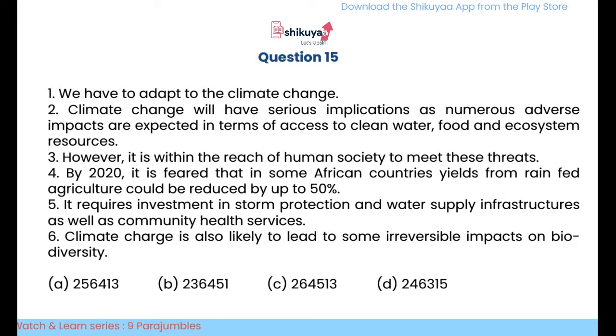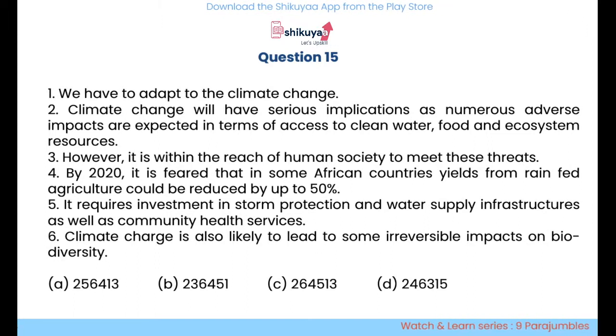I hope you people are following the tips and tricks that will make it easy for you to come up with the right conclusion, with the right answer choice. Go with the options again. Opening sentence, sentence 2. Climate change will have serious implications as numerous adverse impacts are expected in terms of access to clean water, food and ecosystem resources. Okay, this is the opening sentence.